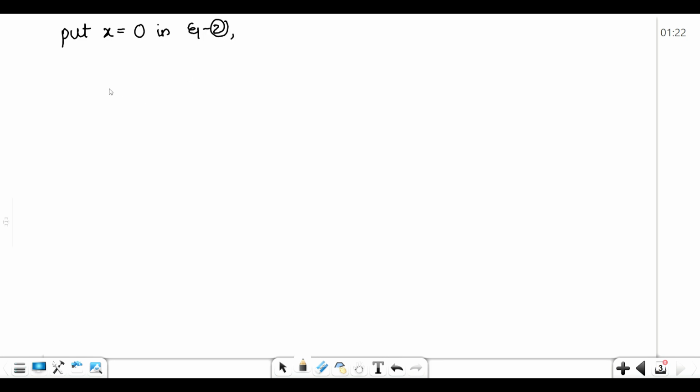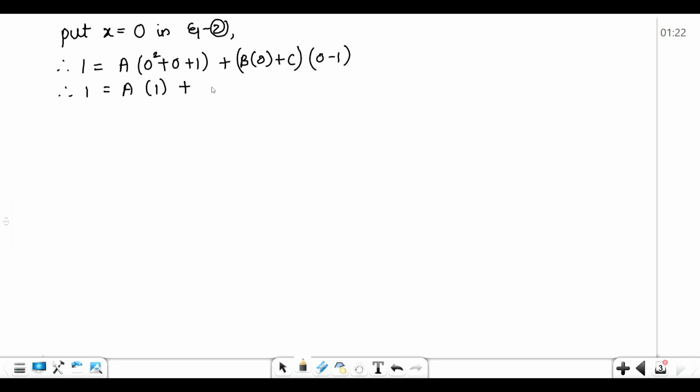Okay, so 1 is equal to a times 0 square plus 0 plus 1 plus b times 0 plus c, and this will be 0 minus 1. Okay, so this will be 1, and this will be multiplied with 1, and here the b times of 0 will become 0, and c multiplied with minus 1. So here it will be a minus c is equal to 1.